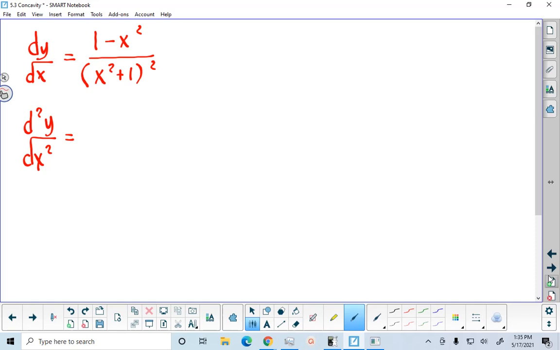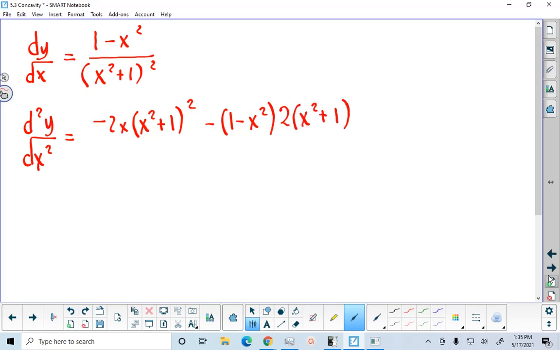The derivative of the top multiplied by the bottom minus the top times the derivative of the bottom over the bottom squared.